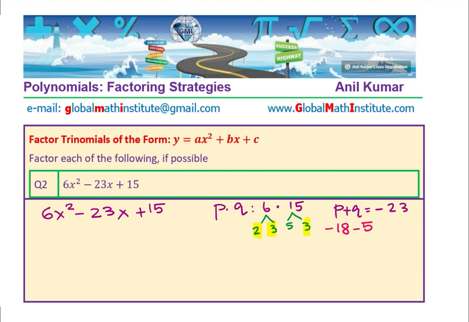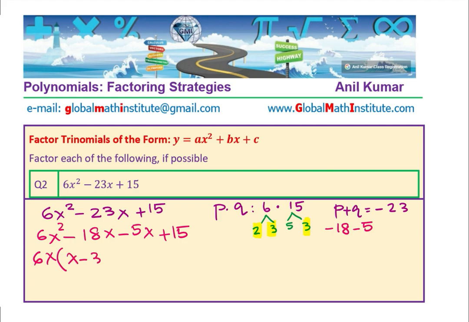So we can now split 23 as 6x squared minus 18x minus 5x. Makes sense? Plus 15. So there could be challenges in doing this process. However, if you break them up into smaller factors, it can become manageable, right? This was not all that complex. So get ready for the next 5 set of questions.